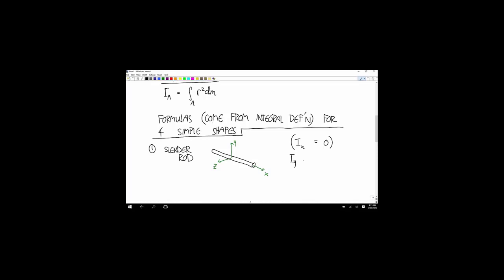But about the y-axis is the same as about the z-axis, and in both cases it's 1/12 times the mass times the length squared, and the length is this. So this is L.